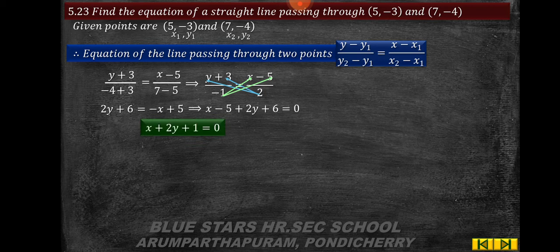Therefore you get the equation of a straight line x plus 2y plus 1, because 6 minus 5 is 1. x plus 2y plus 1 is equal to 0.